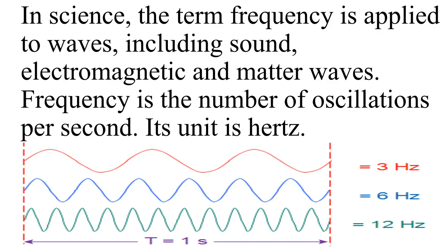The number of oscillations per second in the red wave is 3, hence represented as 3 Hz. Capital H and small z is the symbolic representation of the unit. The blue wave has 6 oscillations per second, whereas the green wave has 12 oscillations per second.